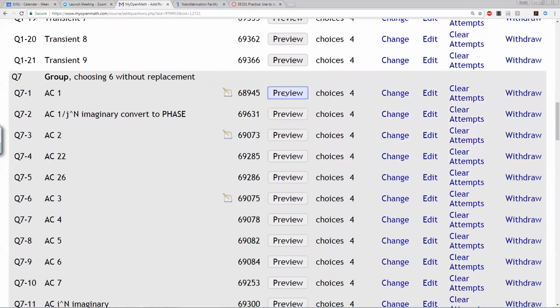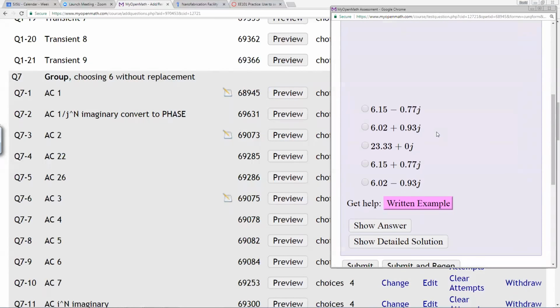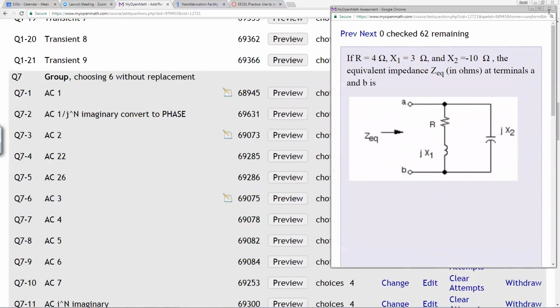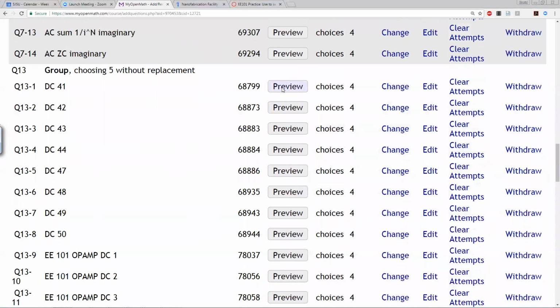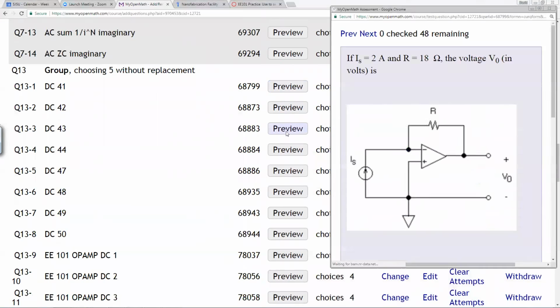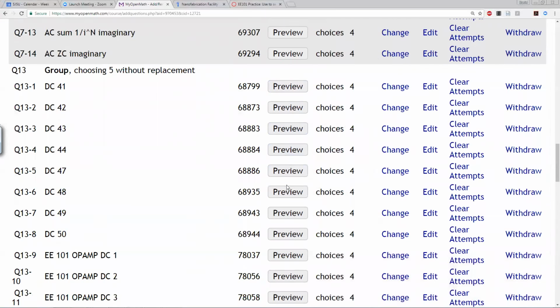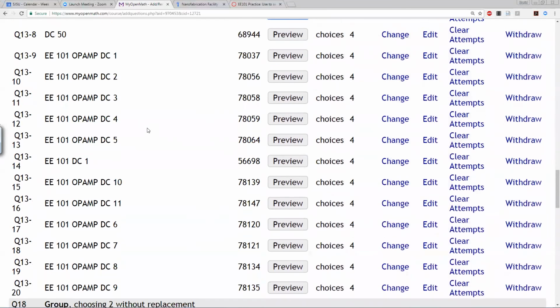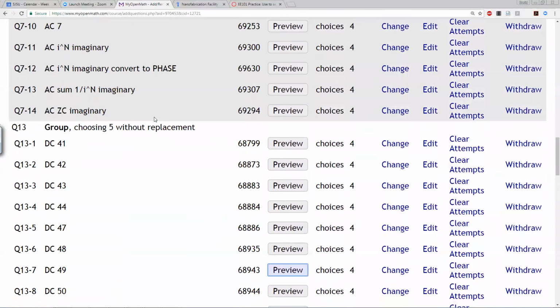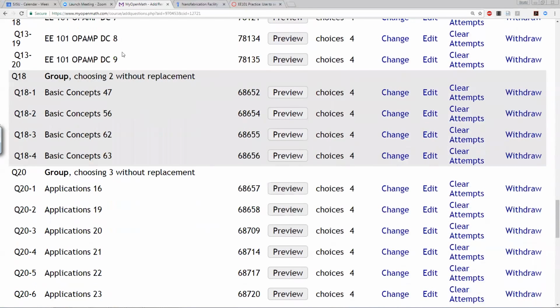Then some of these AC problems, which are all pretty much about complex number manipulation. Then it'll choose 5 from what is called DC, but many are what I could call op-amp type applications. And it chooses 5 out of that many.